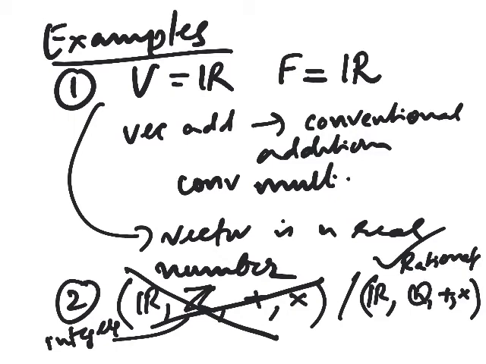Multiplicative inverse means if I take a number A, then A times B should give me 1. There is no such B in Z, because 2 times half is the only way to get 1, and there is no half in Z. So Z cannot be a field. Z is a group, but it is not a field.